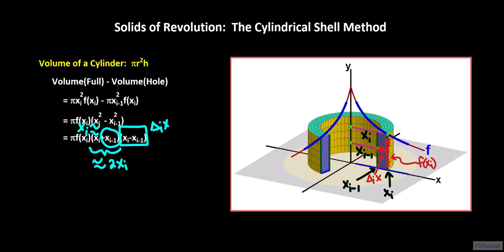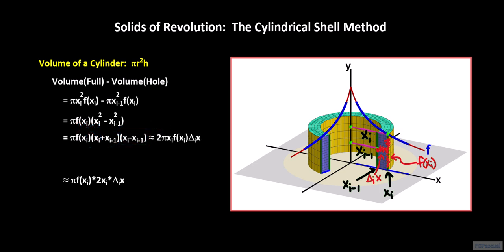And so the volume of the ith cylindrical shell will be approximately pi times f of x sub i times 2 times x sub i times delta sub i x. Rearranging the factors, this is also equal to 2 pi times x sub i times f of x sub i times delta sub i x.